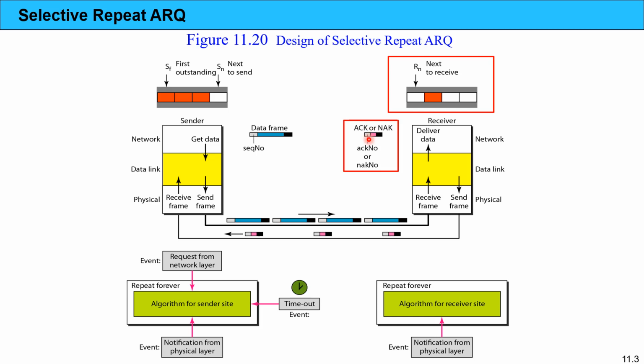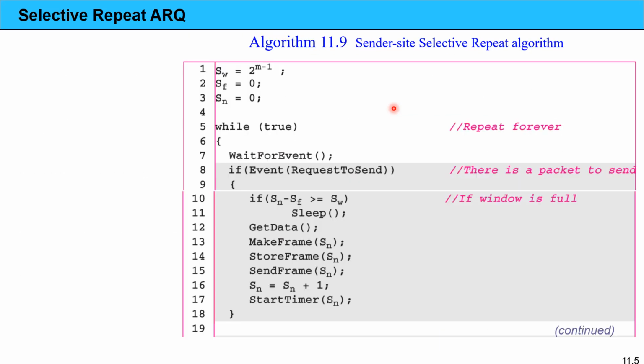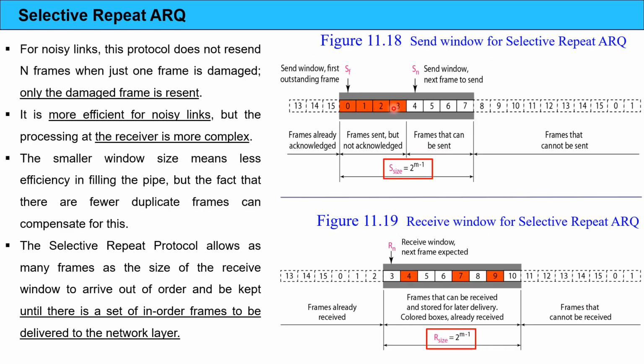Also here I am waiting for acknowledgement, and the receiver can send not acknowledgement. So the receiver in this case can send two things, acknowledgement and not acknowledgement. What do we mean by not acknowledgement? It means that I received something, but not in order. So in the previous example, I am waiting for 3.